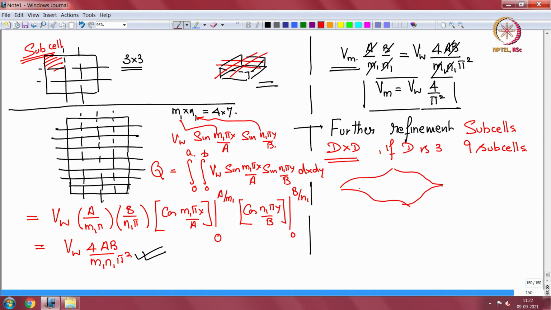So if a cell happens to be sitting somewhere here, okay, and again it is divided into subcells. Okay. So if I explode that small region, that is a phase cell to begin with, but within that there are subcells now, then each subcell is seeing a different amplitude. Each subcell is seeing a different amplitude.